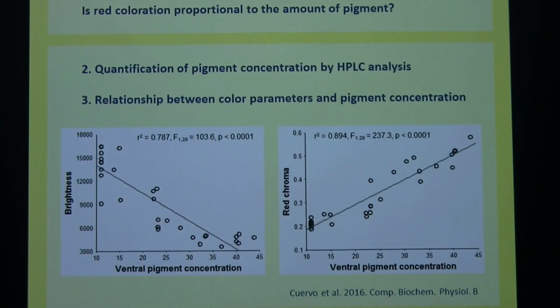Then we quantified pigment concentration in skin samples from the ventral part of the tail using chromatography and tested the relationship between color parameters and pigment concentration. We found that both relationships were highly significant, with darker and redder colors in samples with higher pigment concentration.